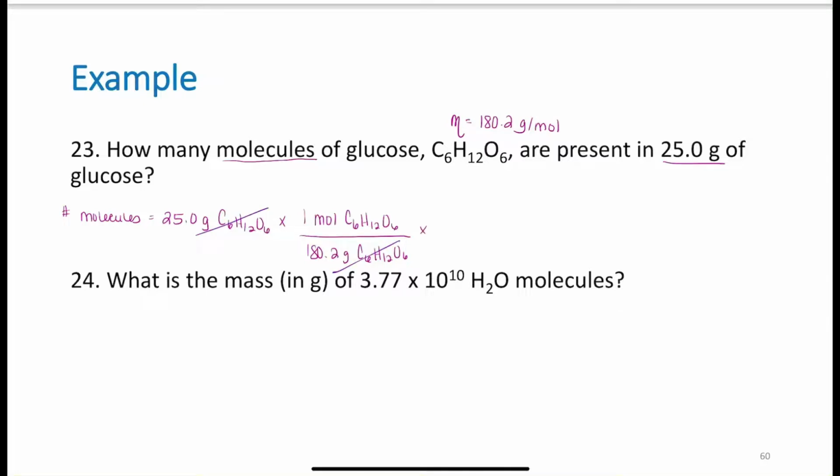now that I'm in moles of glucose, I can convert to number of molecules of glucose. 6.022 times 10 to the 23rd C6H12O6 molecules, divided by 1 mole of C6H12O6 molecules.